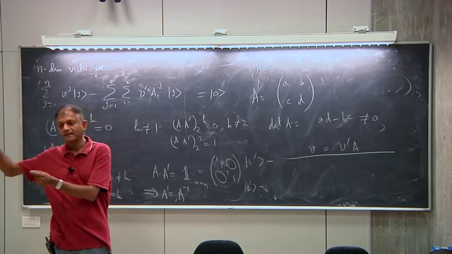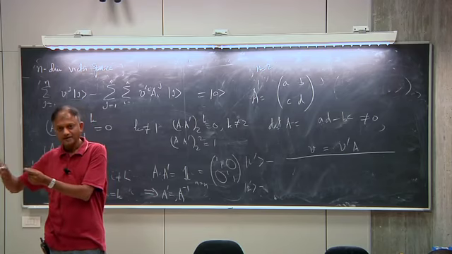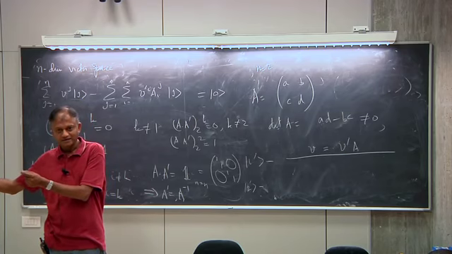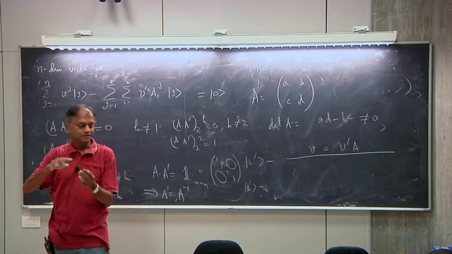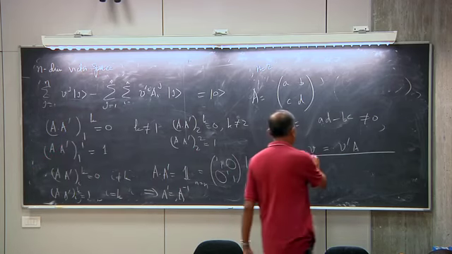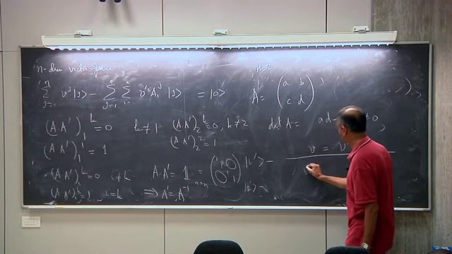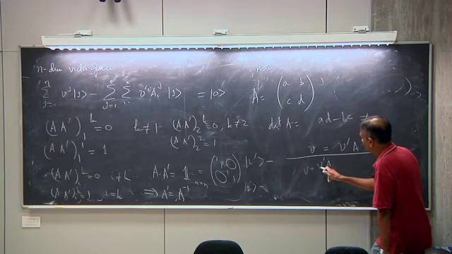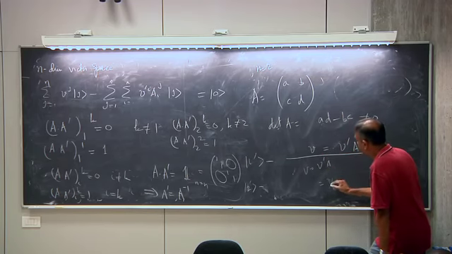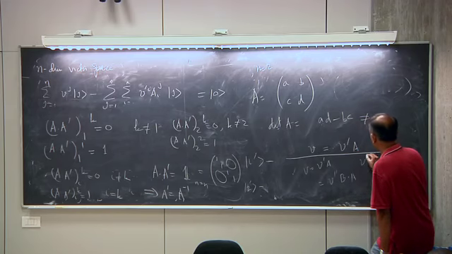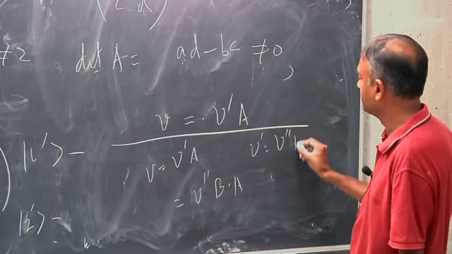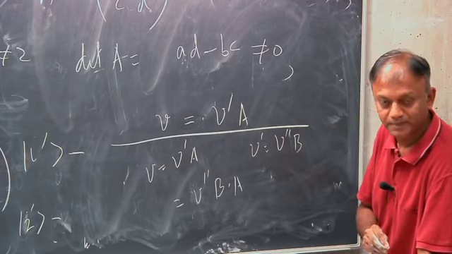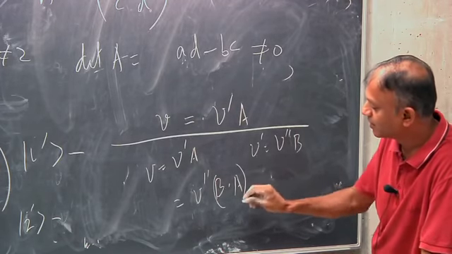Then I apply another matrix, let's say B, on that, I find another basis, right? So first I apply this V equal to V prime A, and then on V prime I again apply another matrix B. So I write V double prime B A. So V prime is V double prime B. Okay. So you see that B times A now.